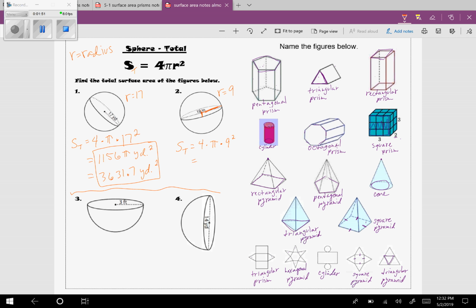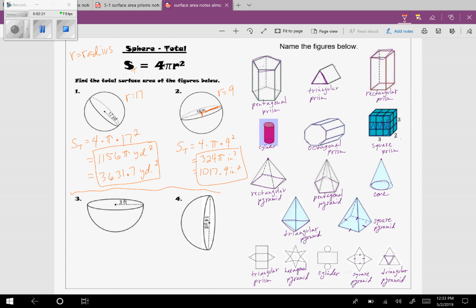To get this in terms of pi, you just do 9 squared times 4, which gives you 324. Then we need pi there, and it's inches squared. To get this to the nearest tenth, just do 324 times pi in your calculator, and you get 1,017.9 inches squared.